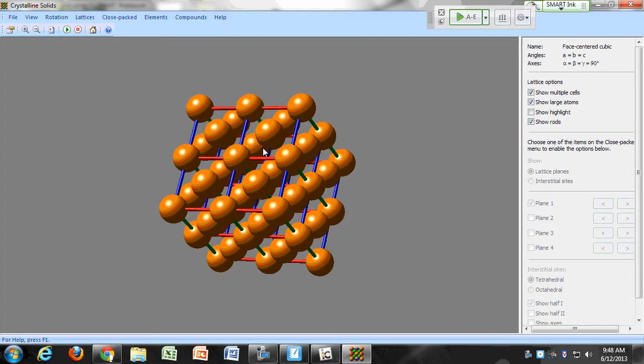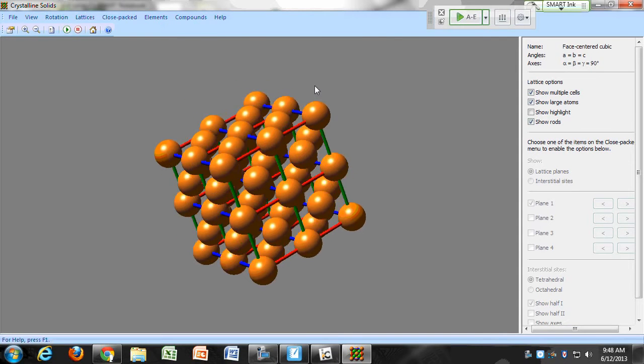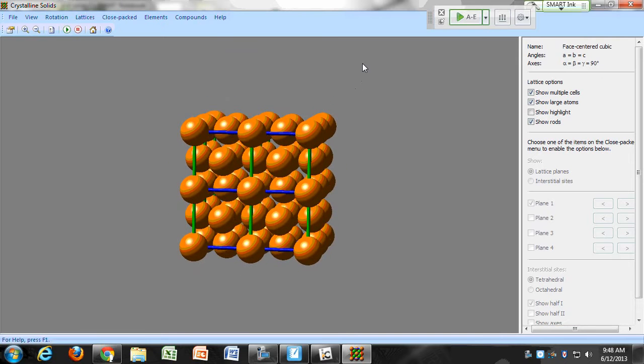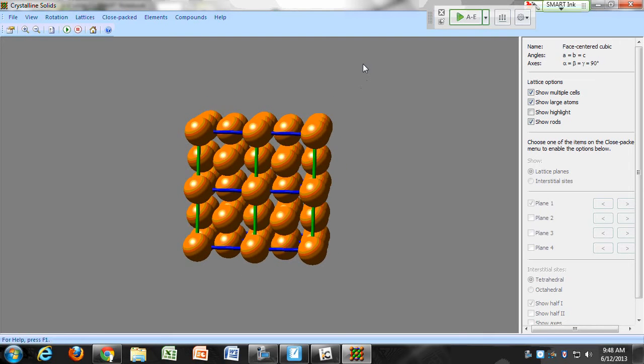See if we can visualize it better this way. Can you see that? Okay, let's look at this one right here. This face right here is shared between two neighboring cells, right? So an atom on a face would be shared by two cells. So effectively, only half of that atom belongs to a cell.